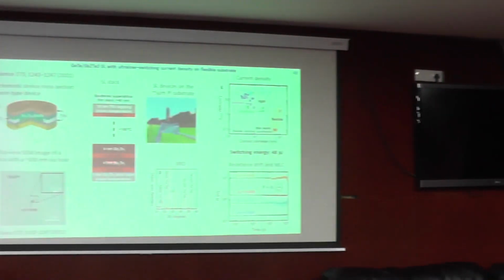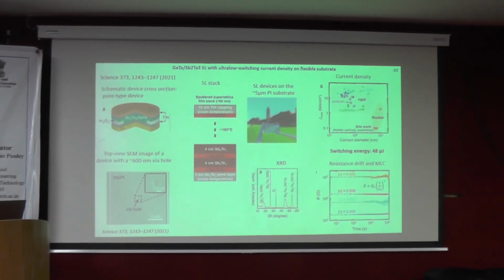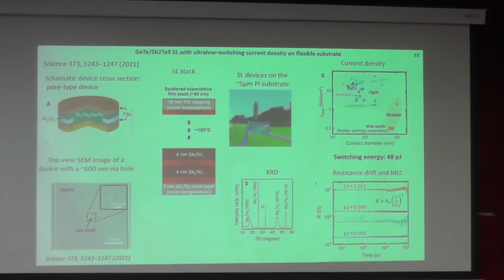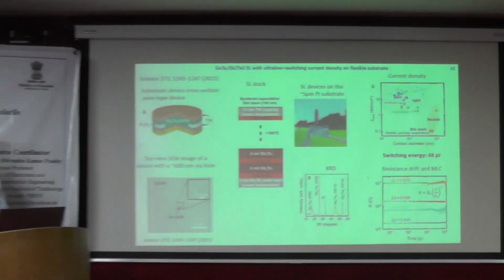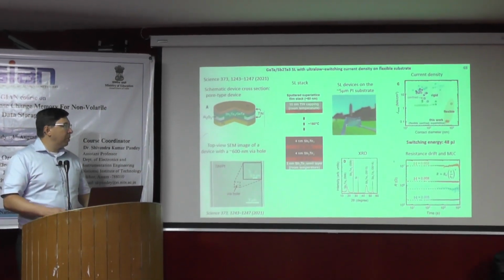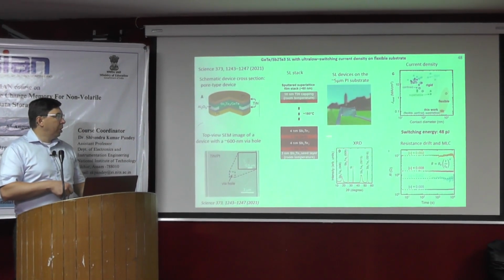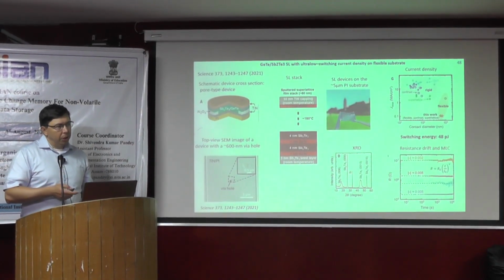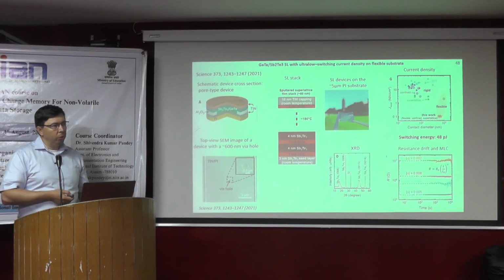But until now, the most used system like GeTe-Sb2Te3 is used because of the high crystallization speed and high thermal stability of GeTe. Of course, there are some directions to replace germanium telluride by GST layers, like 2 to 5 and 1 to 4.